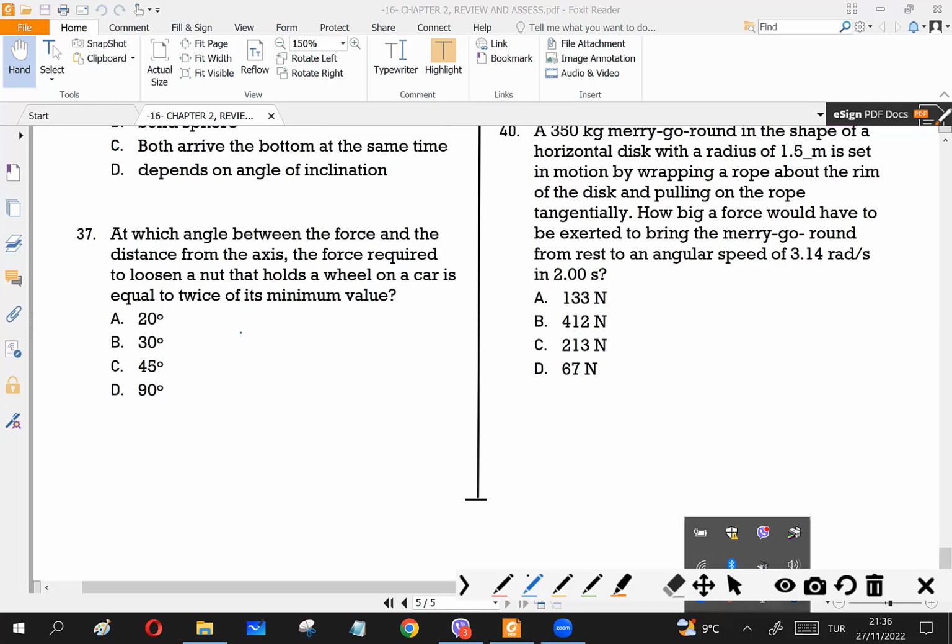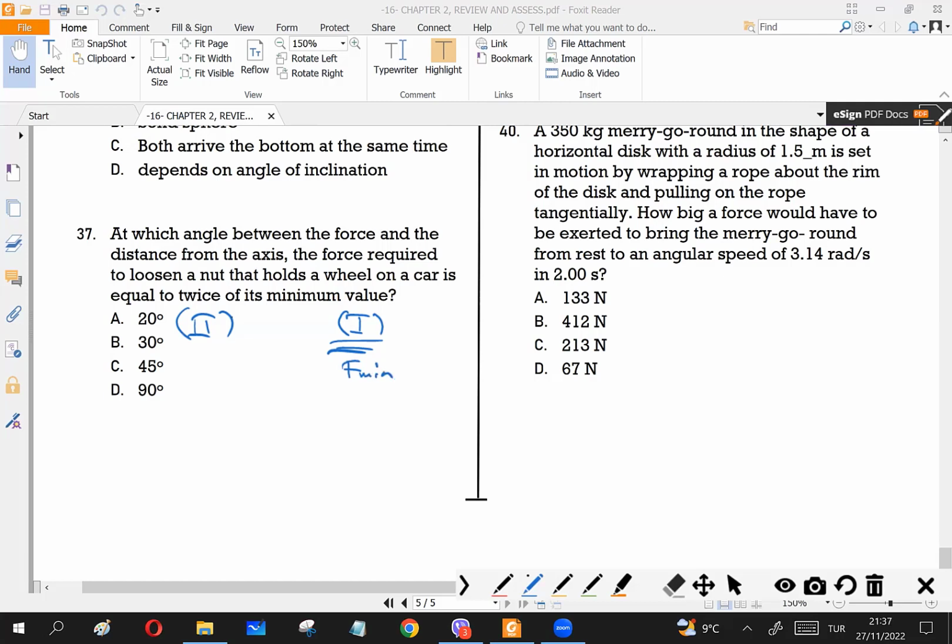There are two cases. One of them is with the minimum force you have to apply to rotate the nut. In the second one, you are going to rotate the same nut by a force which is twice the minimum value. So the first case is F minimum, we are going to apply F minimum force.